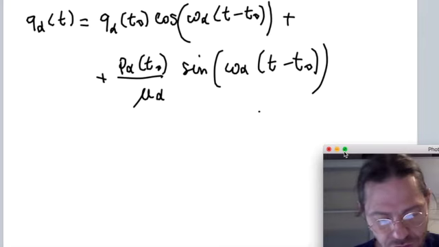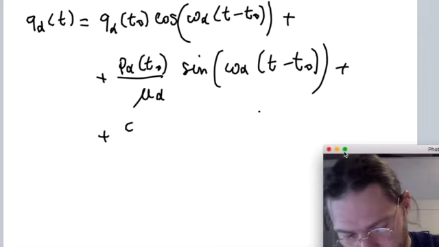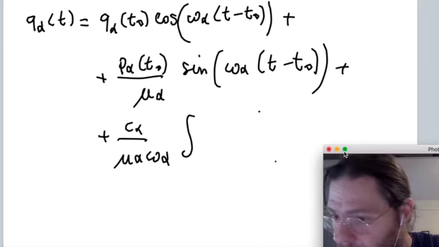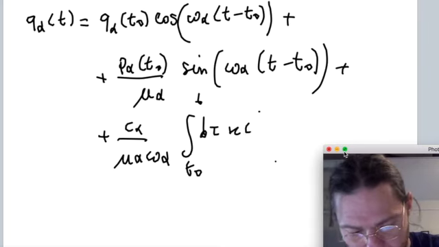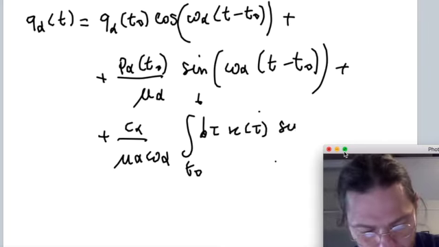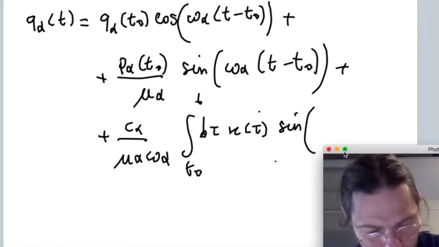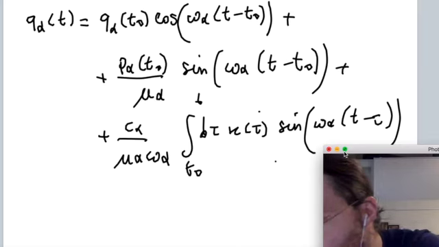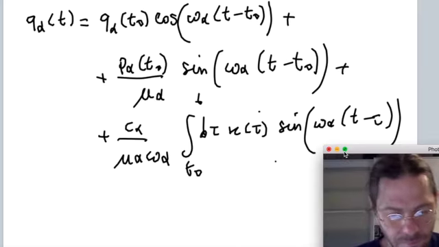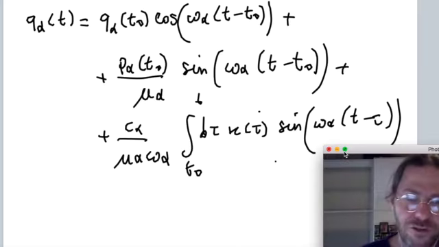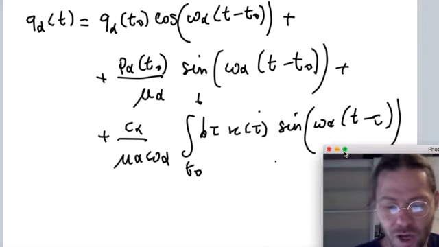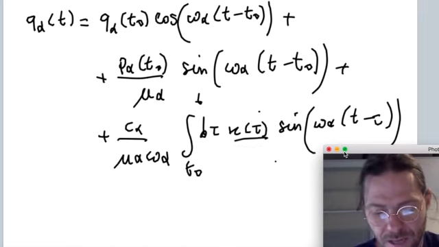Plus the inhomogeneous term. Okay, so now we have a solution for the bath dynamics, given the solution of the system's dynamics.